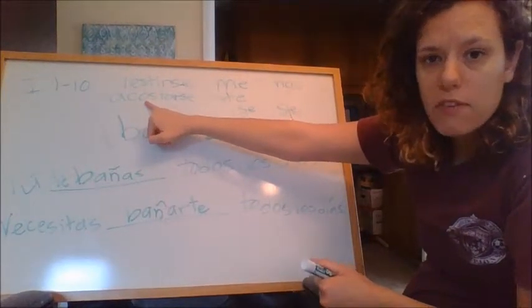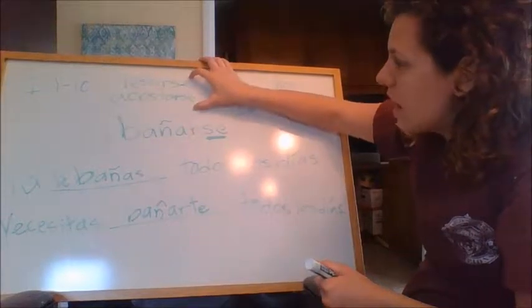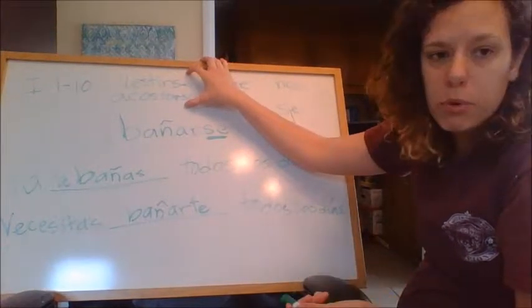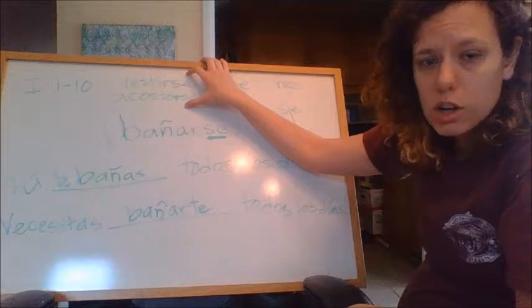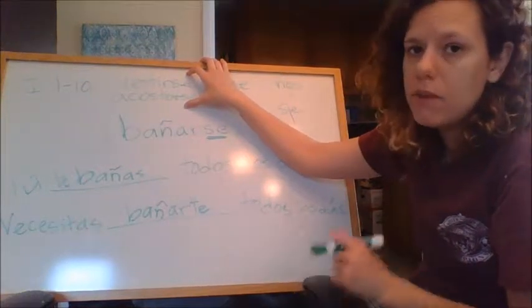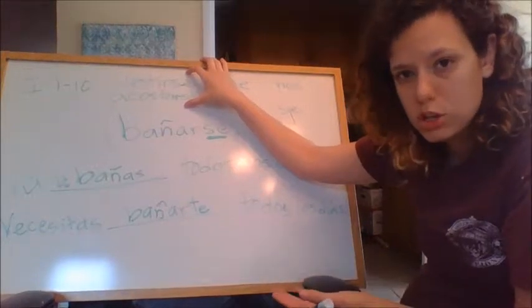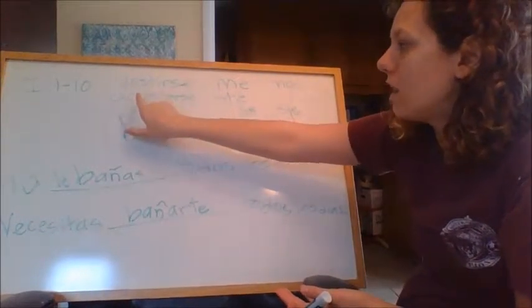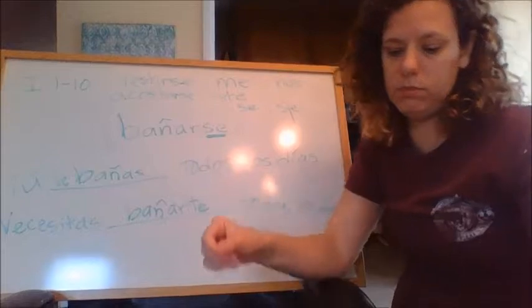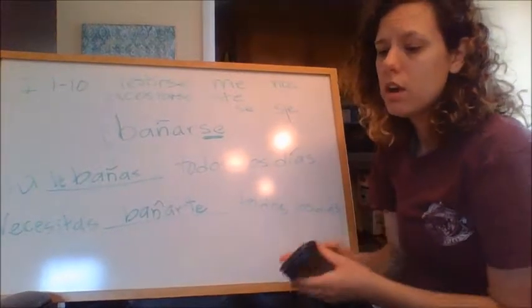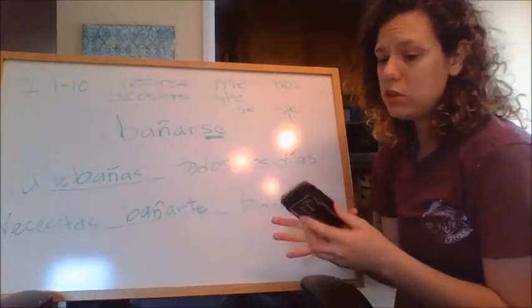So think about that if you have one of these verbs on the test. They're both boot verbs, so if it's a nosotros conjugation, you don't stem change it. But if it's a yo, tú, él, ella, usted, ellos, ustedes conjugation, then you have to stem change it. So E to I, O to UE. All right, that should be it for that.